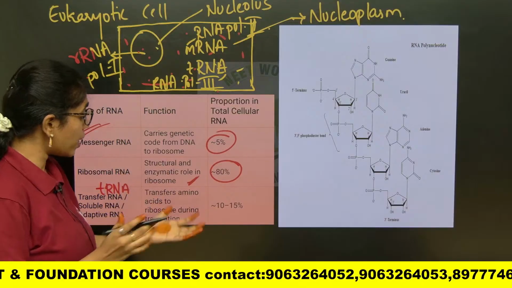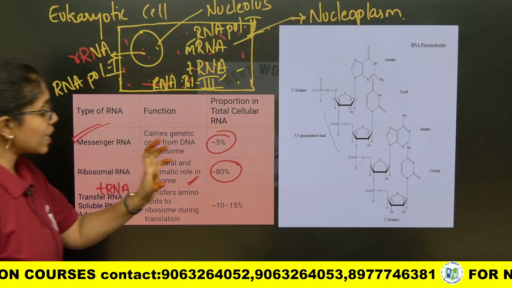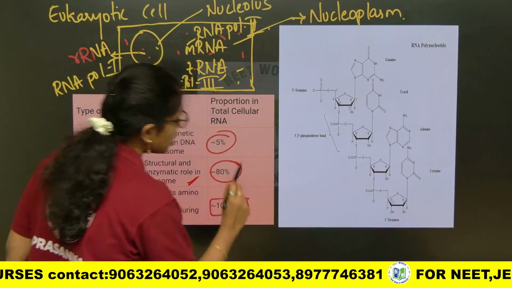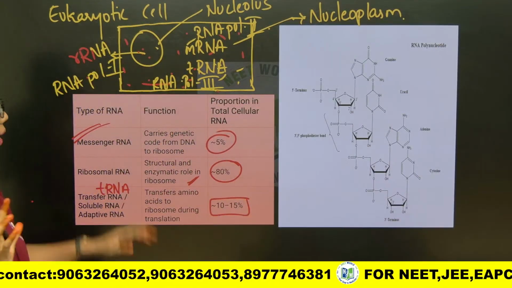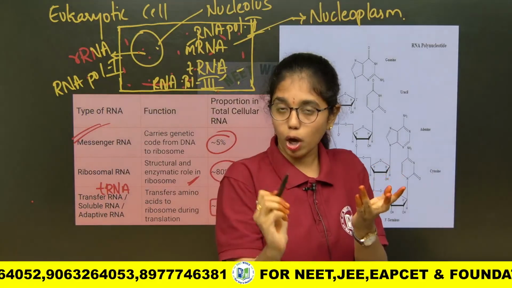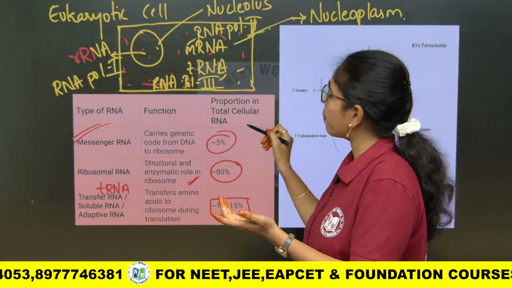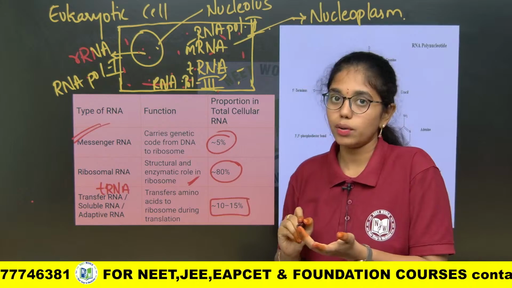This will transfer amino acids to ribosome during translation. It is just 10 to 15% of total cellular RNA. Remember, where is it synthesized? By what enzyme? Is it by Pol 1, Pol 2 or Pol 3?